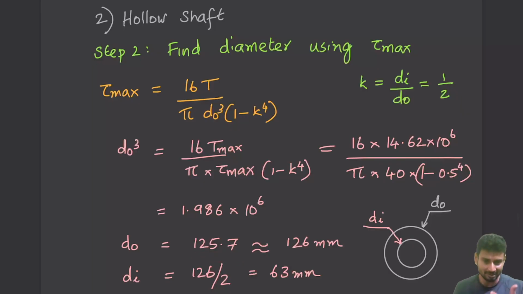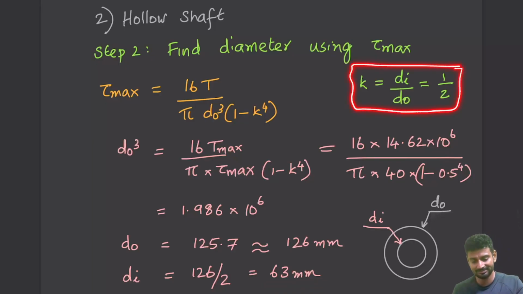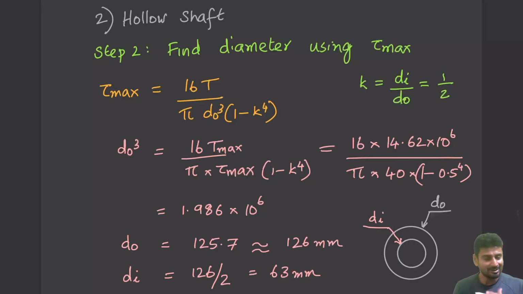So we can round it up to the next integer as 126 millimeters. So once you have the outer diameter value, the inner diameter is half of that, 126 by 2, which is 63 millimeters. That is from this equation. So we have found the diameter according to the Tomax criterion.